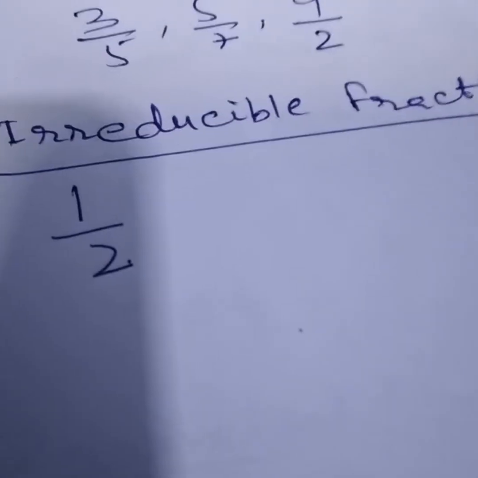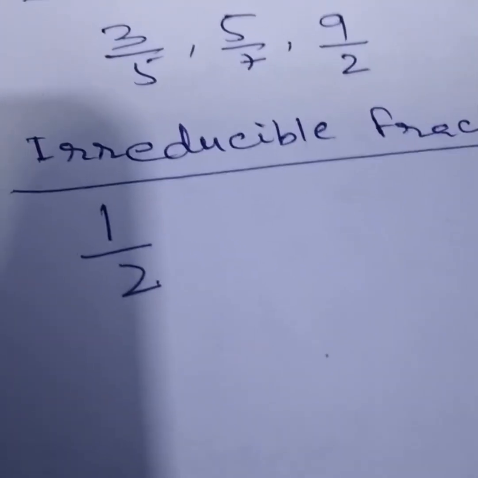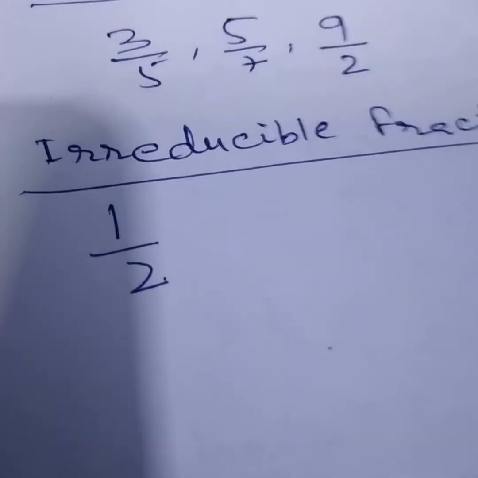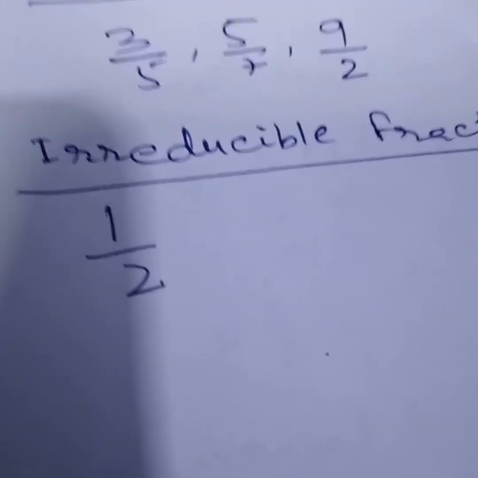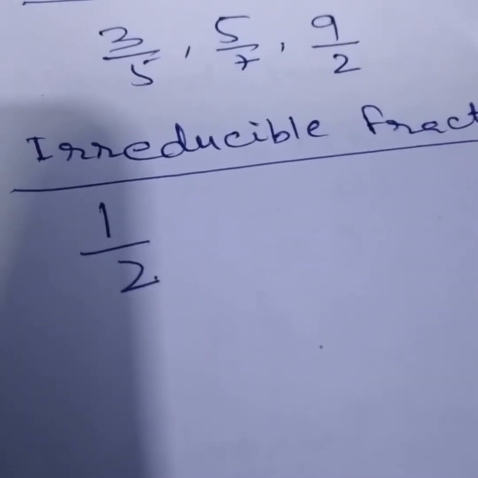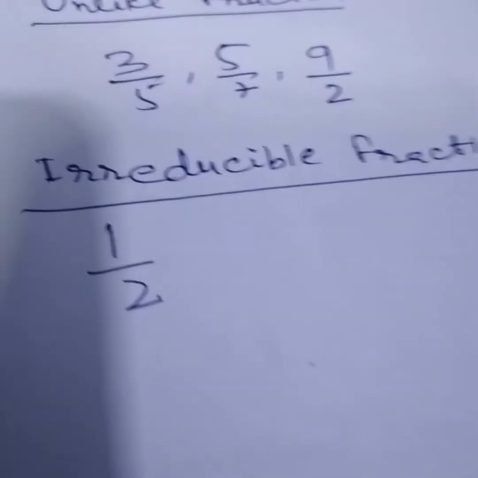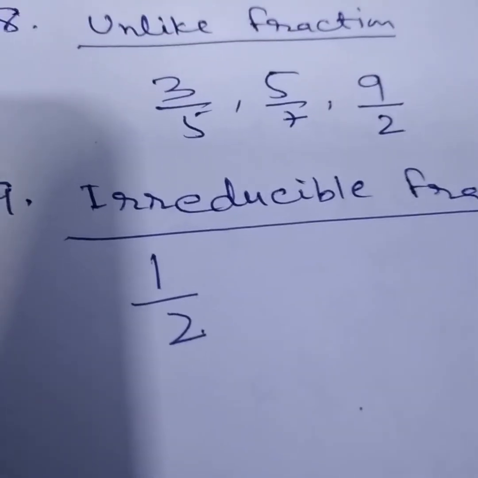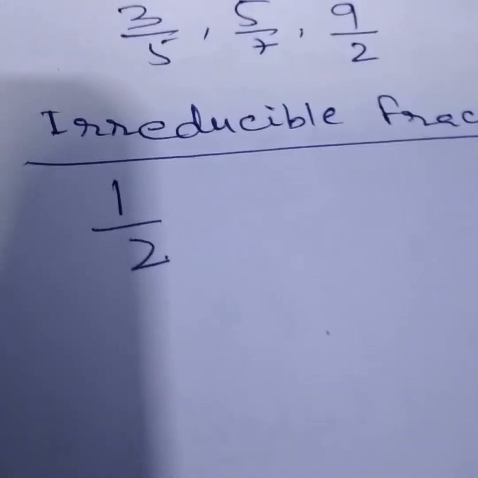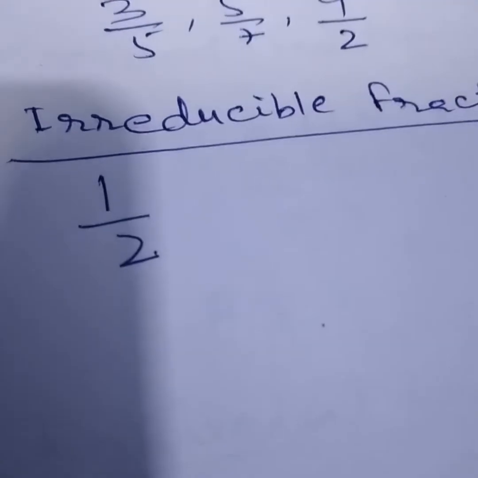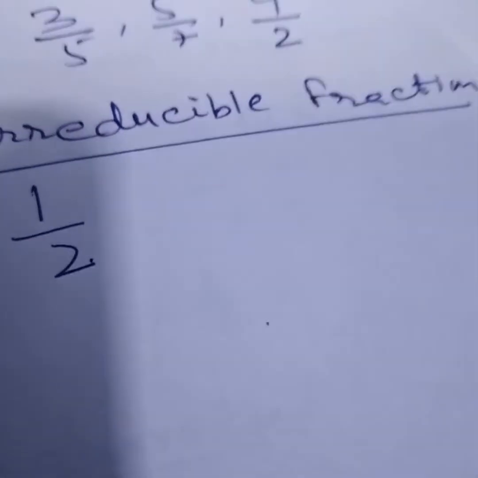If we find the HCF of numerator and denominator and the common factor is 1, this type of fraction is called irreducible fraction, meaning it is already in the simplest form.